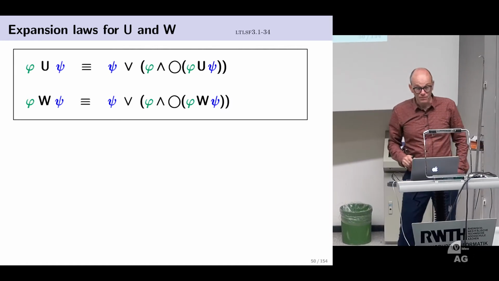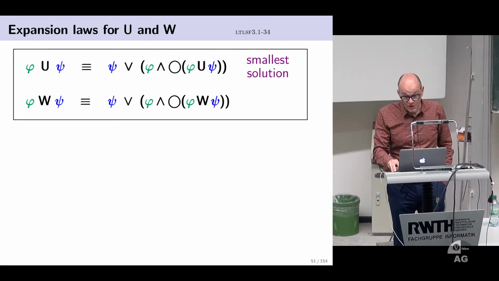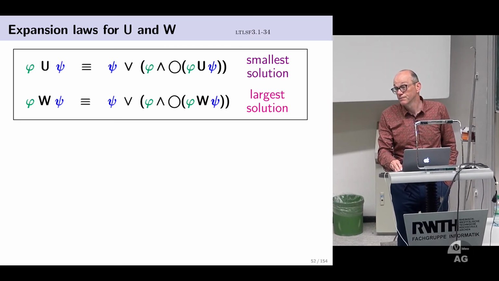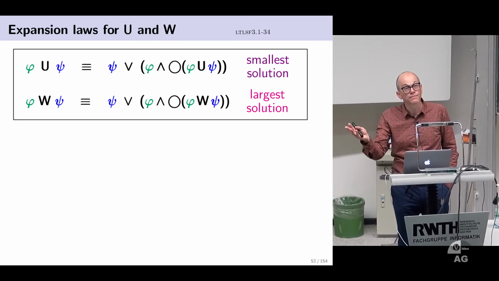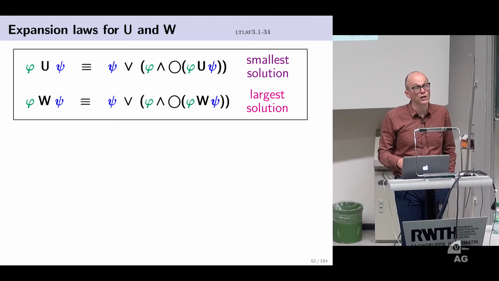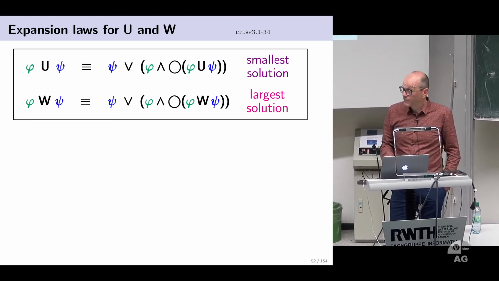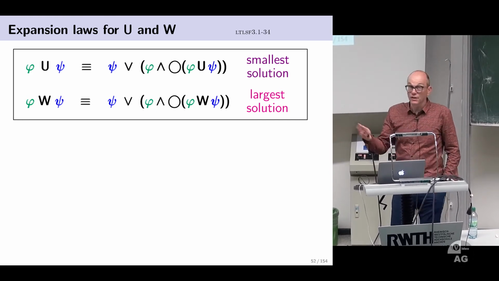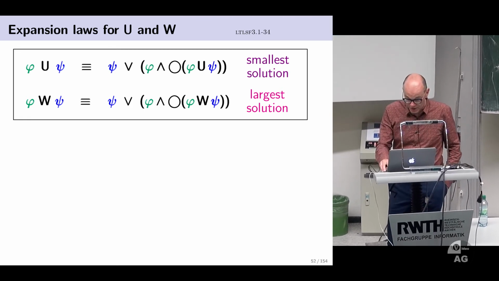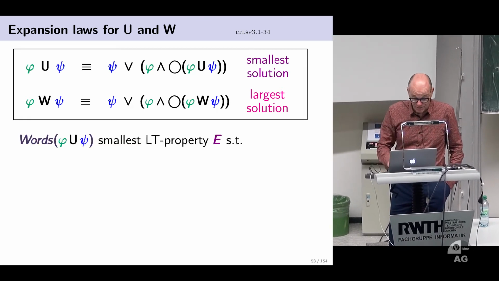Good, this is the smallest solution, and the W turns out to be the largest solution. There are many solutions in between. You could define your own version of the until operator. And some people did this in the literature, for instance, release, and this is also a solution of a similar kind of equation. So this is the largest solution.